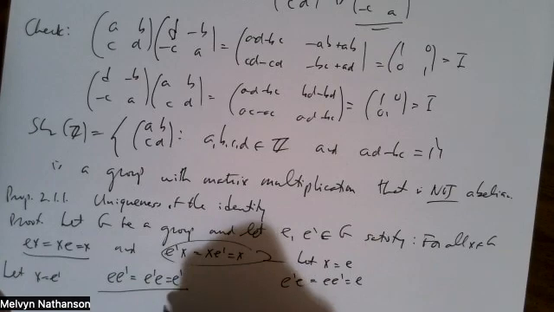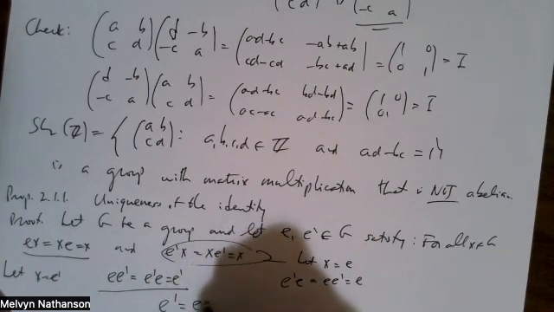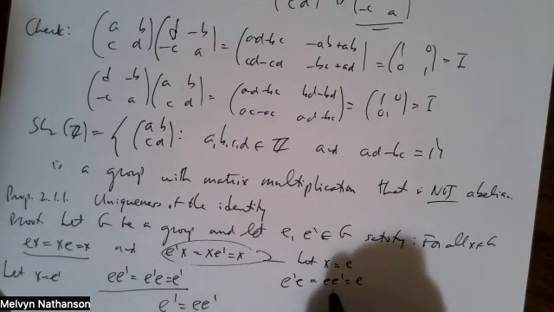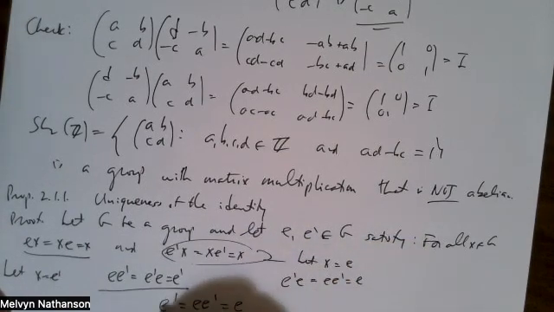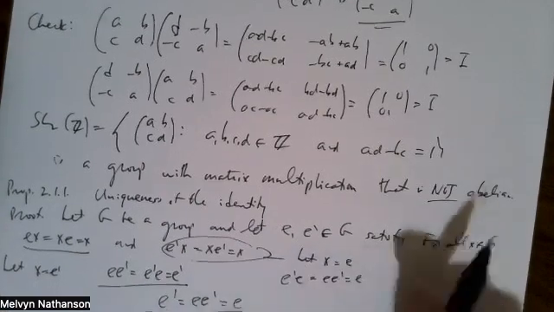So this says that E prime is equal to E prime. But this says E prime equals E. In other words, E equals E prime.